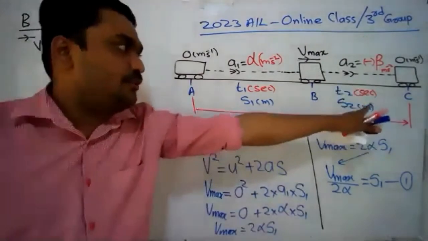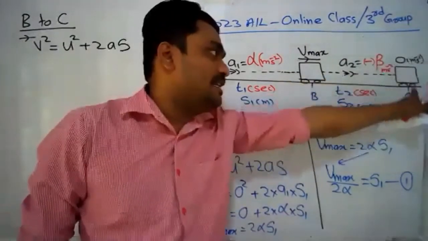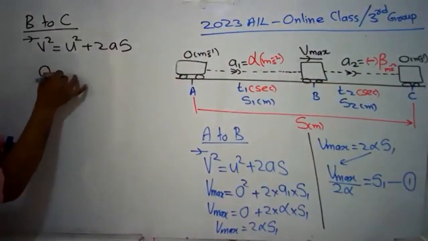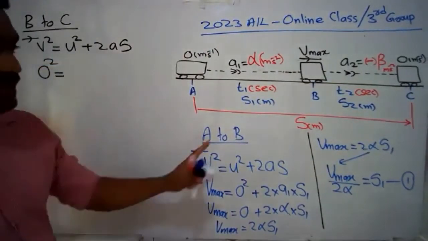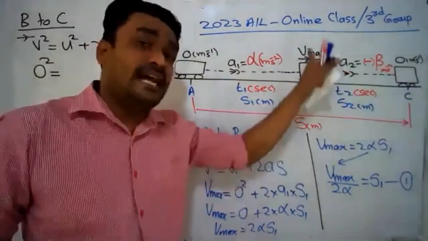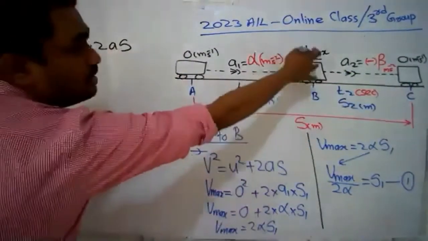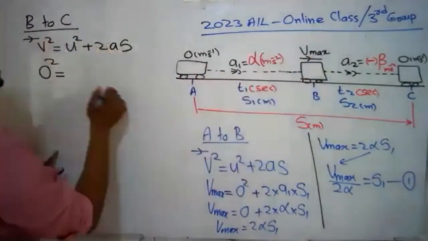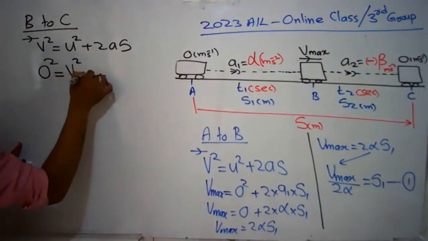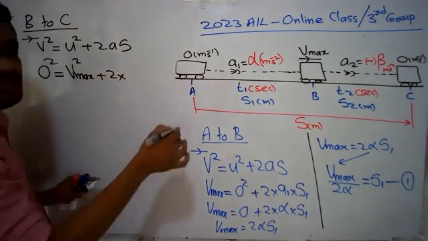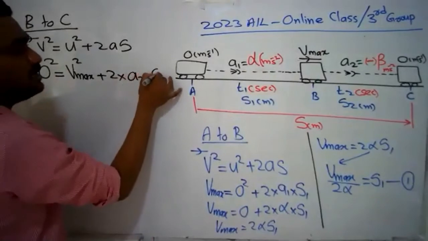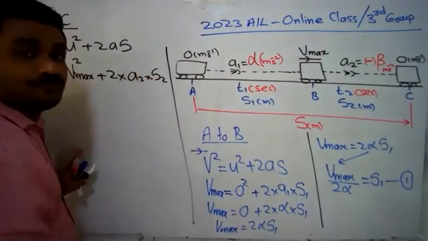In the BC section, the final velocity is the velocity at the point C, that is 0. The initial velocity is the velocity at the point B, that is Vmax. So 0 equals Vmax square plus 2 times acceleration. B to C acceleration is A2, and B to C displacement is S2.